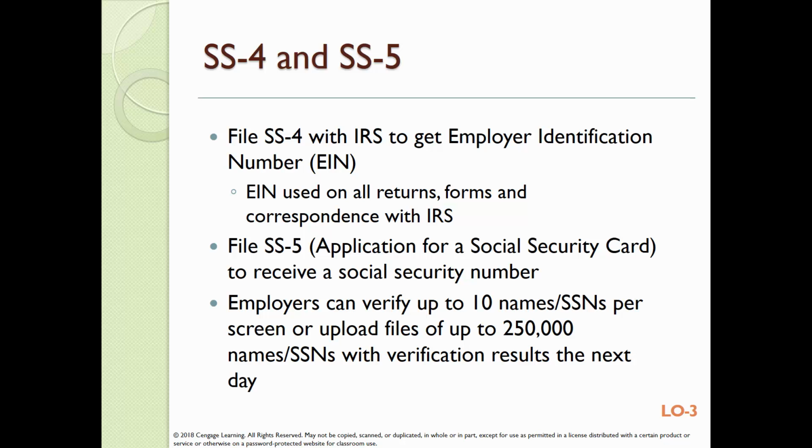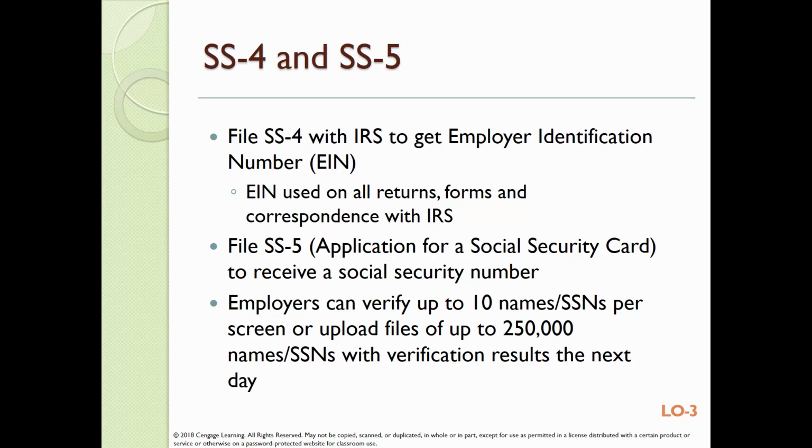So just talking about major forms and major documents that you need to complete to comply with this part of the payroll process. SS4 and SS5. SS4, if you're going to become an employer, you have to file for an EIN, an employer identification number.